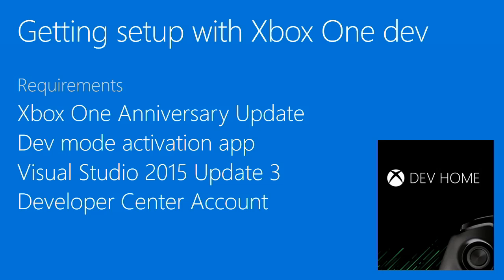After that, you can then just deploy from Visual Studio, which I'll show you guys later. So I'm not going to go through this process because it takes a bit, but it's quite simple, and all you need is the app. You need a Dev Center account to actually activate it, and Visual Studio 2015 Update 3 to deploy to it.